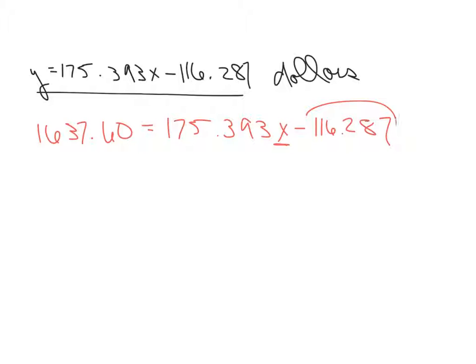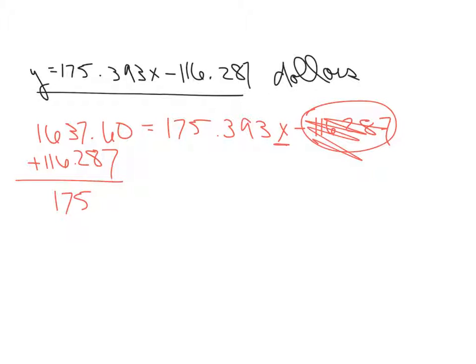So we're going to add this to both sides, and that one will go away. Okay, we're going to add that, and in this case we get 1753.887, and that equals 175.393x.